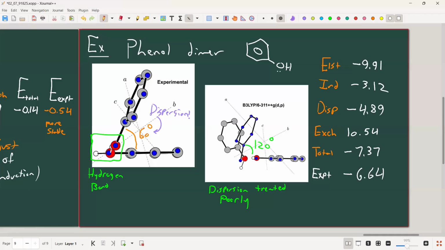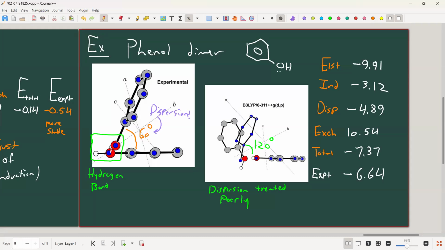But here's the other limit. This is, in some sense, a far more complicated system than anything we've looked at before. Everything we've looked at before was really, really simple molecules, water, benzene. Here we've got a much more complicated system. We've got benzene, we've got OHs, there are all sorts of different effects. They're a big system, so your error generally jumps quite a bit.